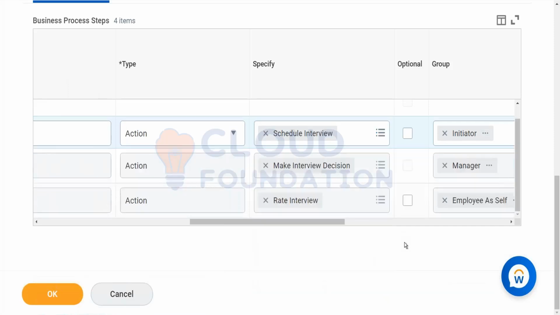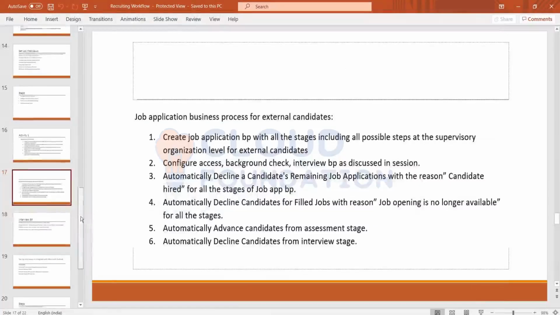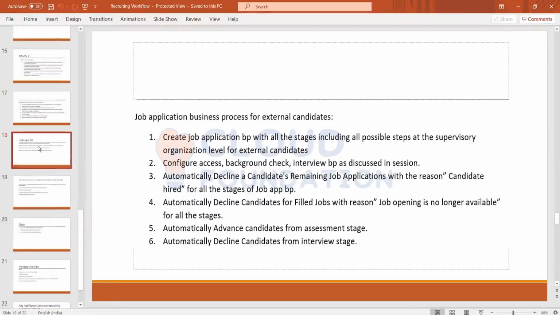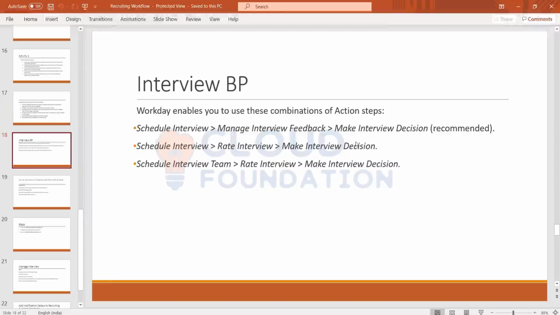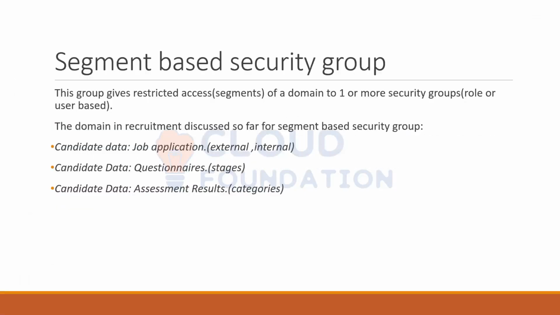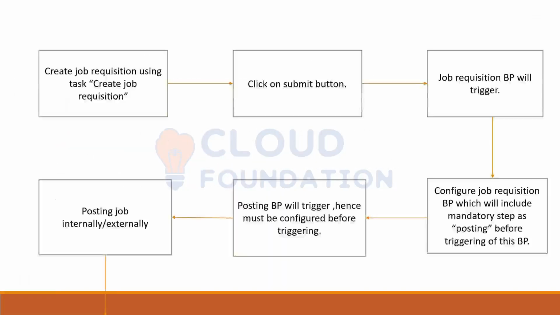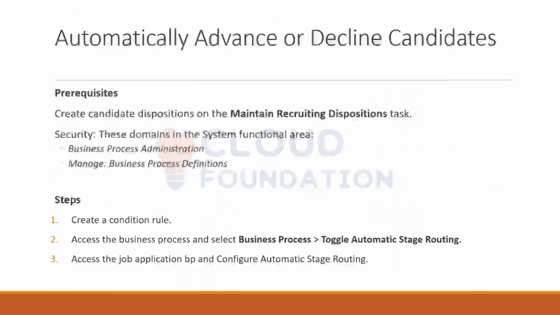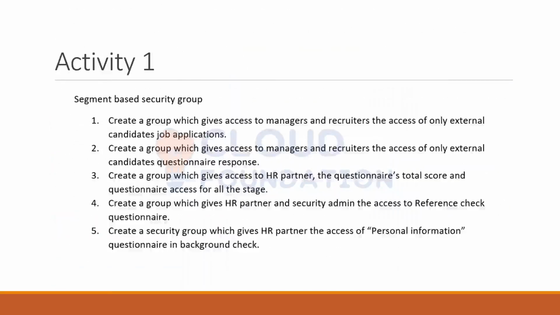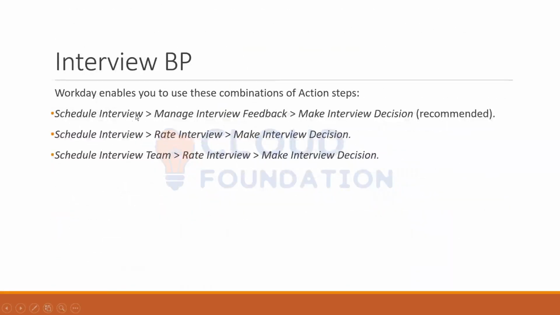So related to recruiting, we have only these three groups involved. So let me go back here. So these are the possible combinations we can take while creating an interview BP.